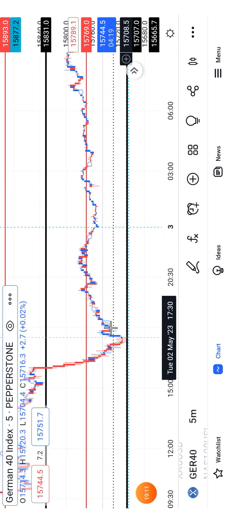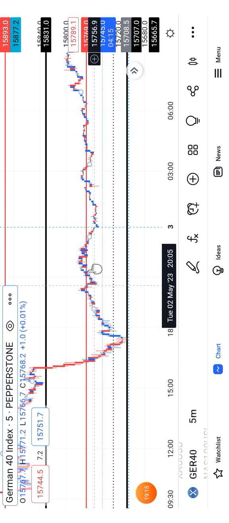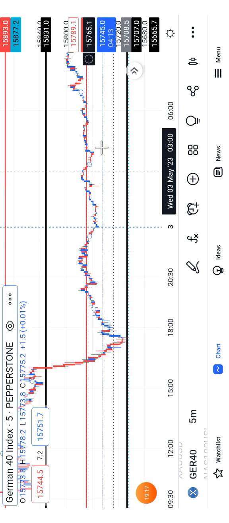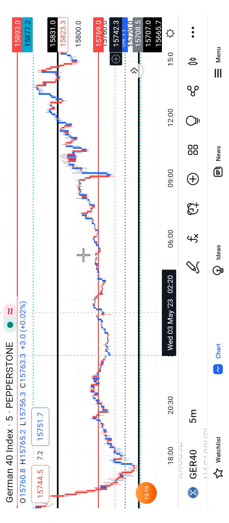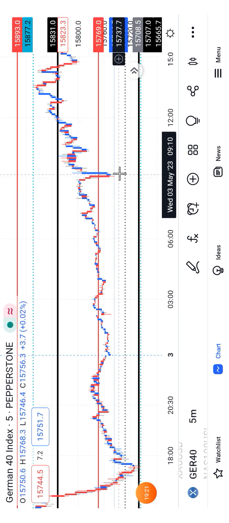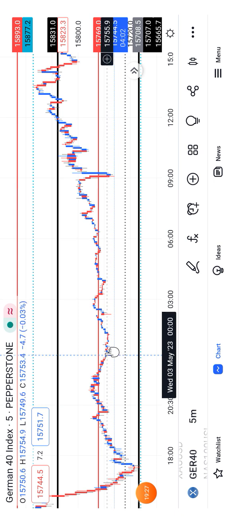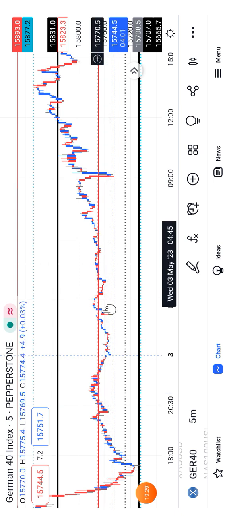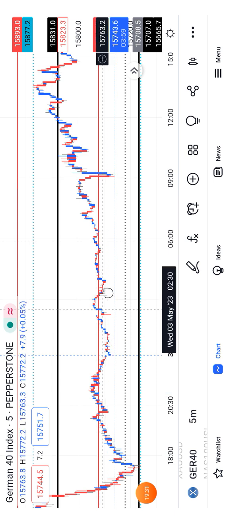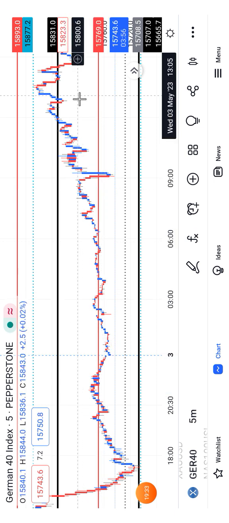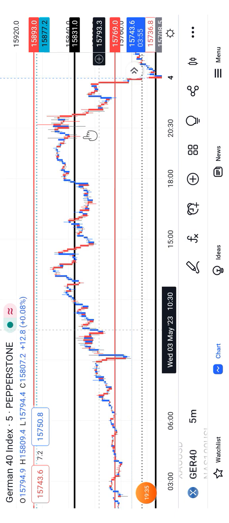You can really see that we have respected this level right here. We went all the way up on the market open, and then around London session, we came back and retest on the intraday, which was this level right here. You can see that it also opened that small gap right here, and this is where we kind of covered, and then boom, we went all the way up, throughout.